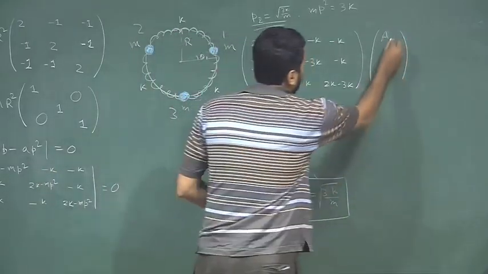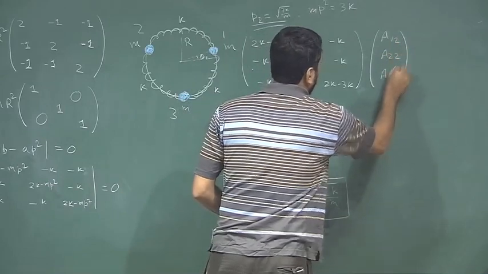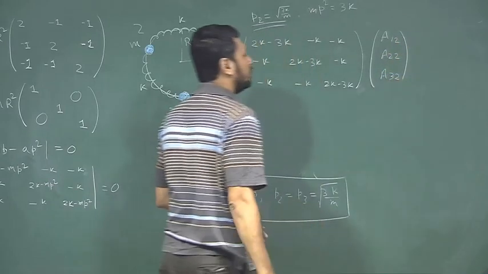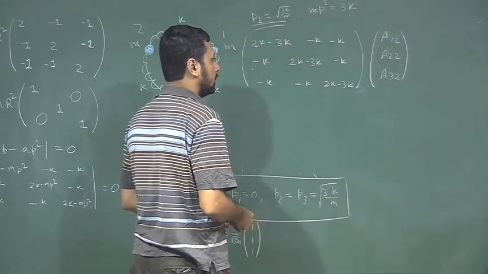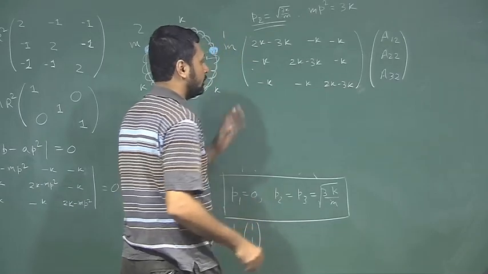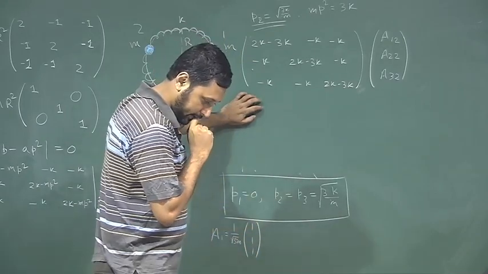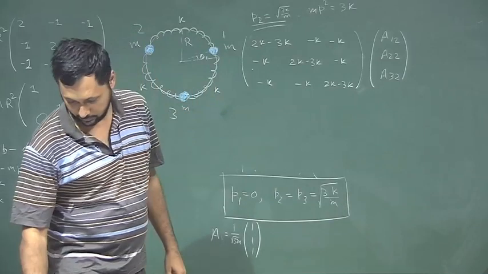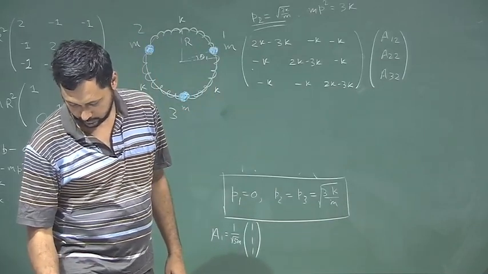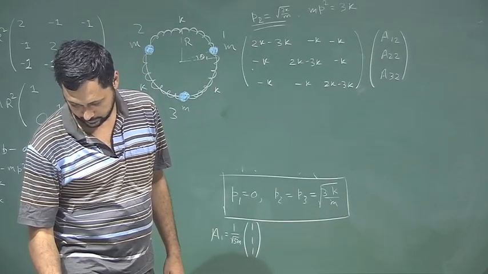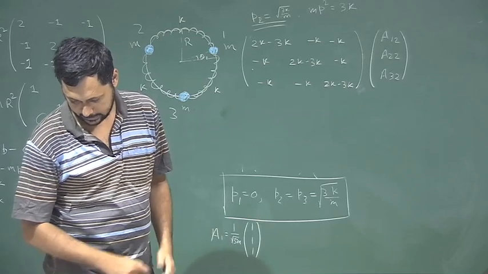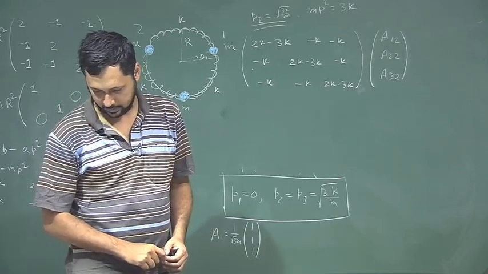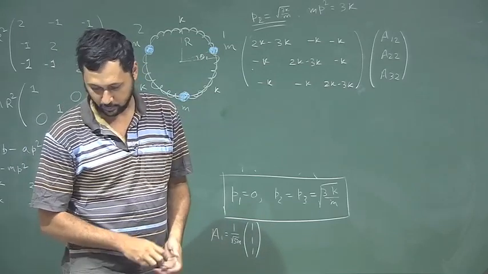You have to use 1 2, 2 2, 3 2, right. Right or wrong? Just let me think.